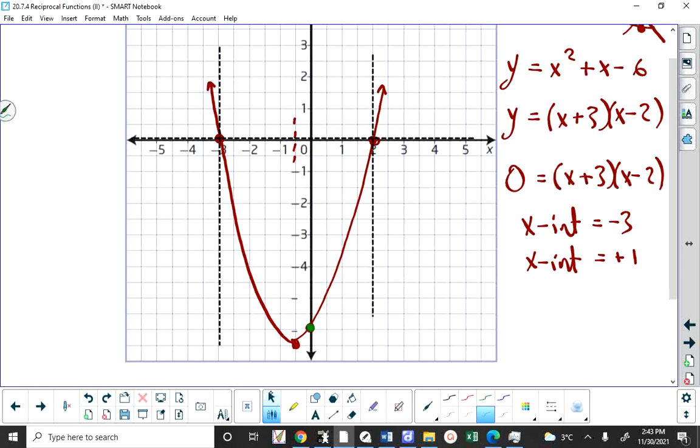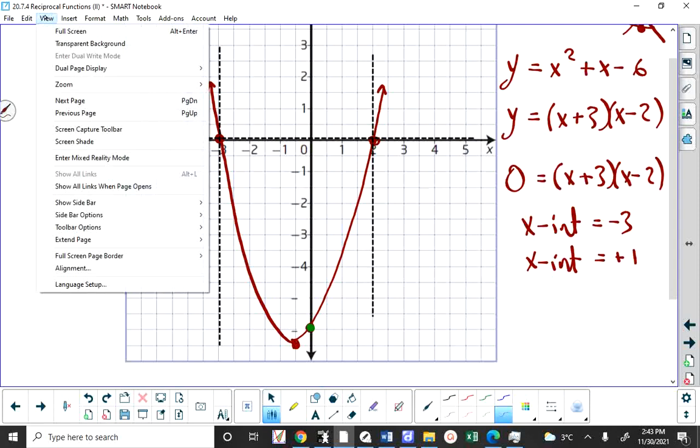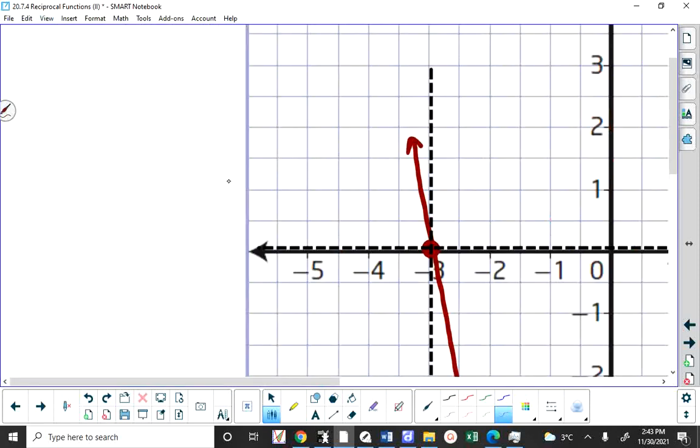The y-intercept of the original function is -6, so the y-intercept of the reciprocal is -1/6. That's pretty close to the x-axis. Very close to the x-axis. I'll go to a bigger zoom now, at risk of crapping out my computer.